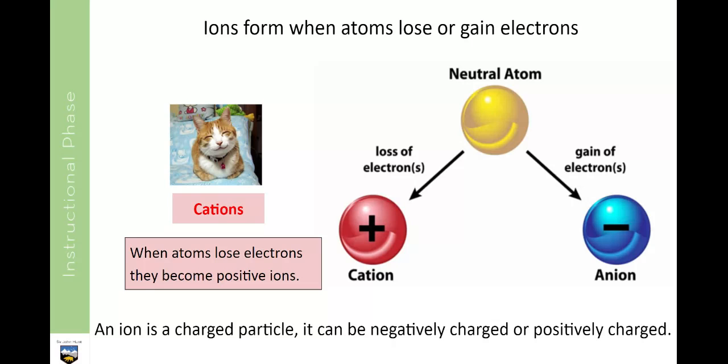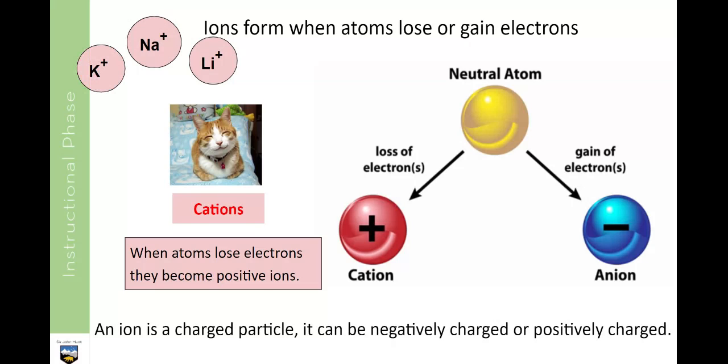Now, positive ions come from metal atoms. So, for example, lithium becomes lithium plus. A lithium atom becomes a positive lithium ion. Try and think about why they have this charge. Lithium becomes positive by 1. Sodium, Na plus.